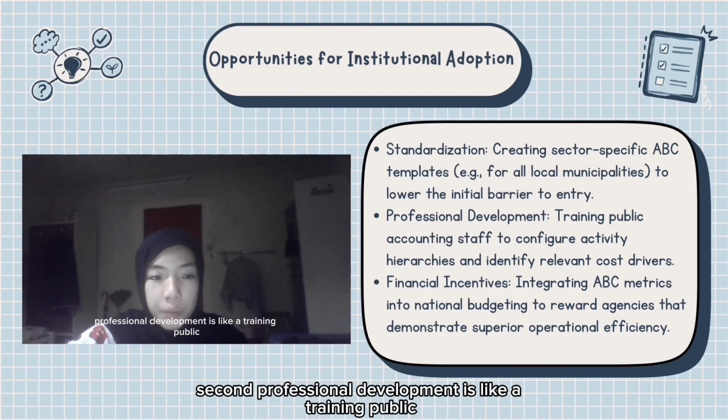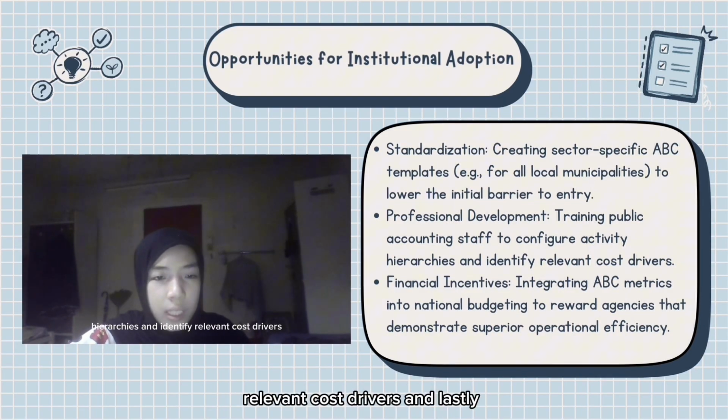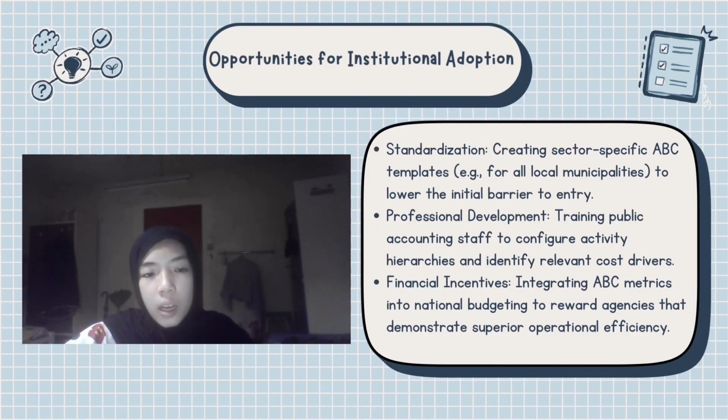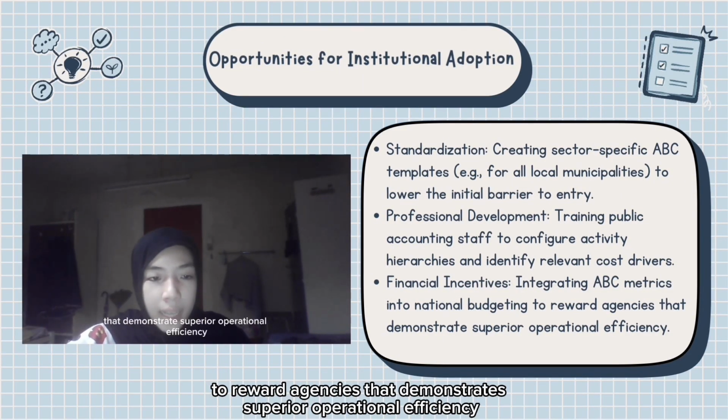Second, professional development, training public accounting staff to configure activity hierarchies and identify relevant cost drivers. And lastly, financial incentives, like integrating ABC metrics into national budgeting to reward agencies that demonstrate superior operational efficiency.